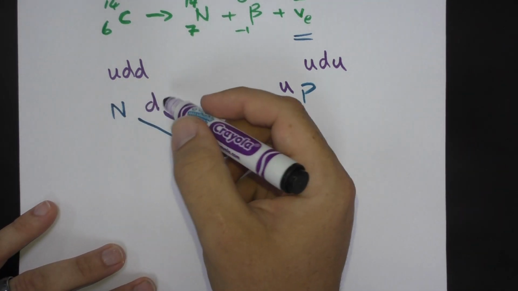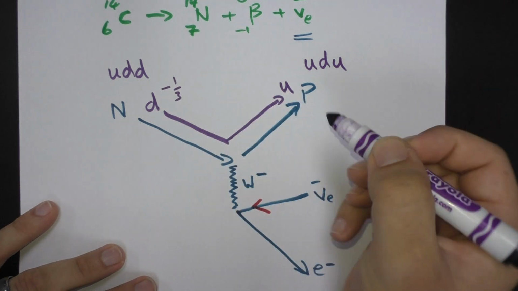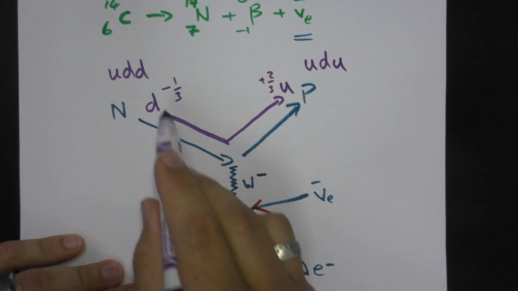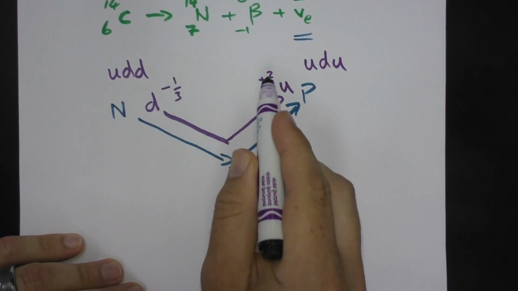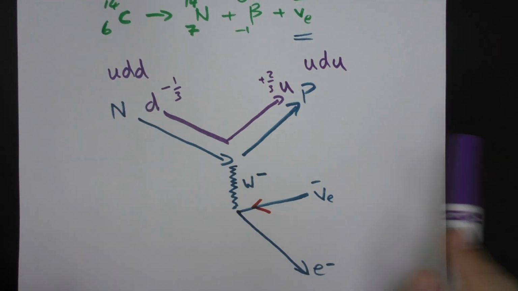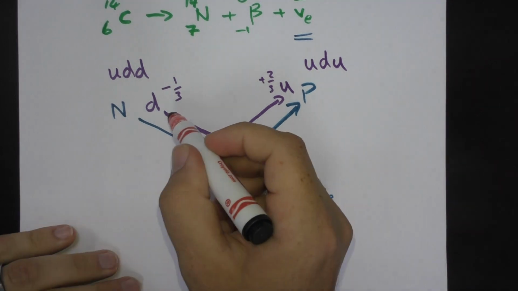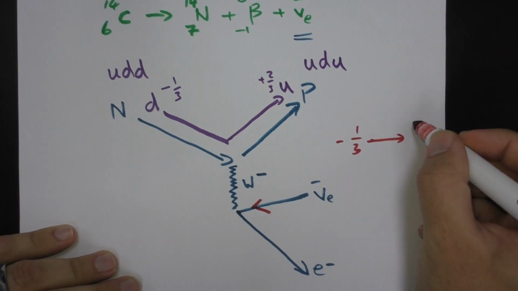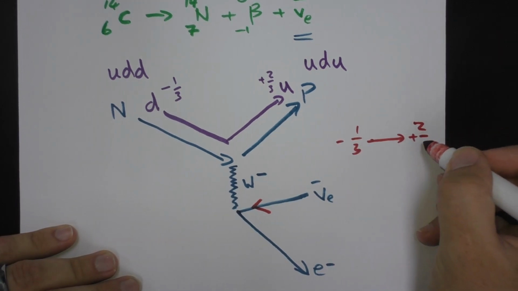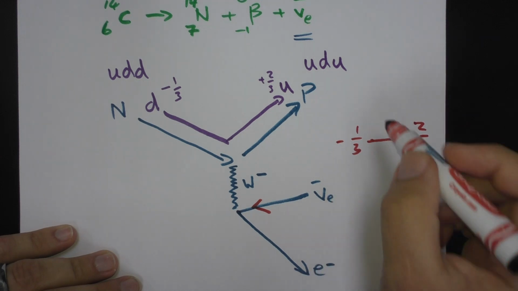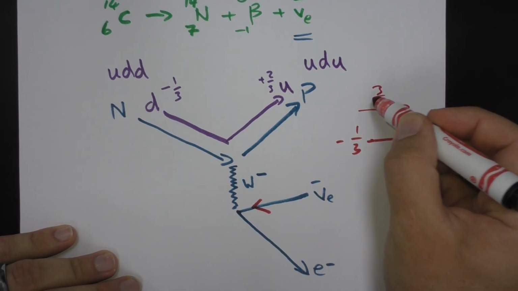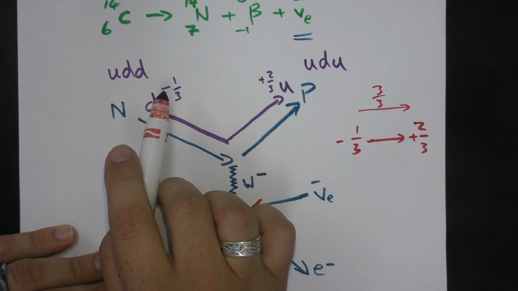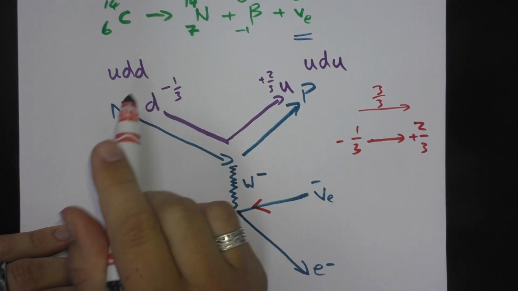What's the charge on a down quark? Well, the charge on a down quark is -1/3. And the charge on an up quark is +2/3. So, what's the difference between those two? Well, if you were thinking about it as on a number line, you'd have to remember that, well, -1/3 going to +2/3, you'd have to change this by 3/3. And so as a result, you'd have to lose 3/3 of negativity.